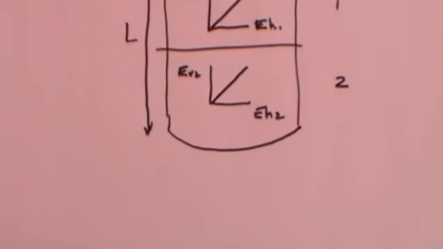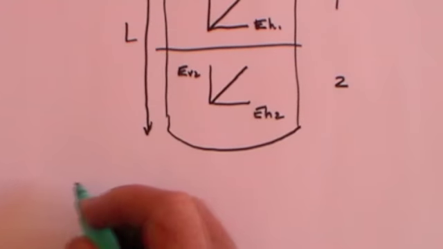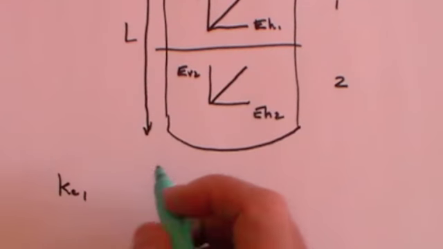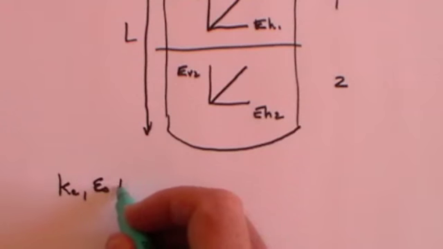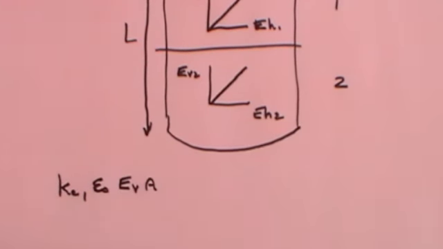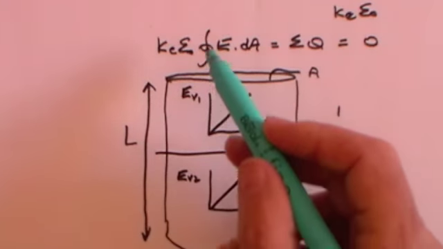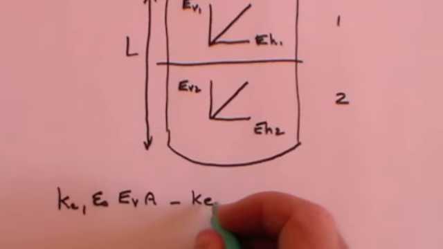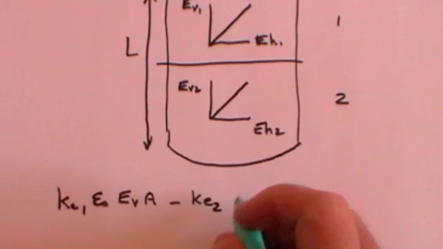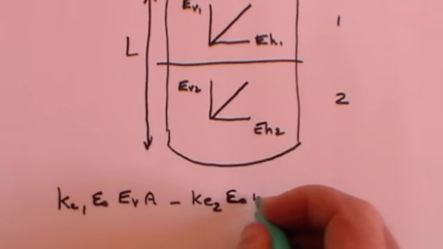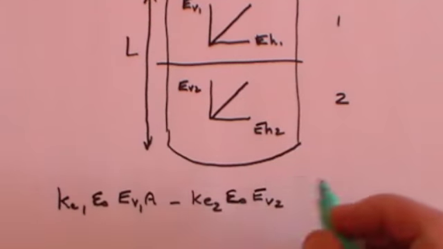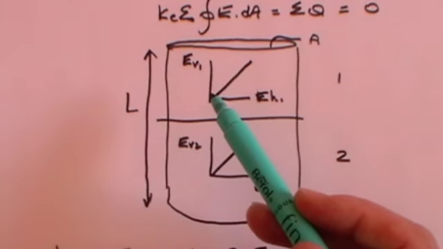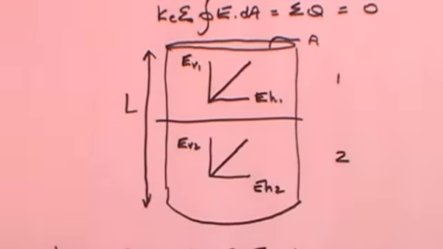EV1 is concerned, we're going to get KE1, because it's in medium number 1, times epsilon naught times EV1 through the area A. EV1 goes through area A. Now we'll have minus KE2, because we're now in medium 2, epsilon 0 EV2, that should be EV1 by the way, times A. It's minus because in this case the EV1 vector is going out through the area.